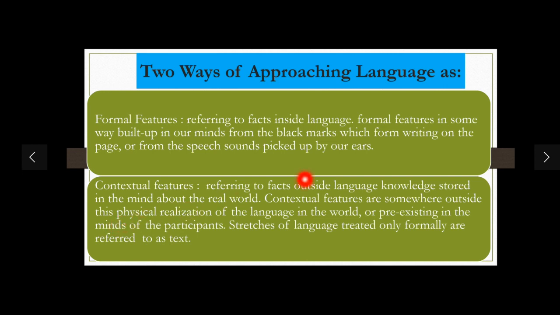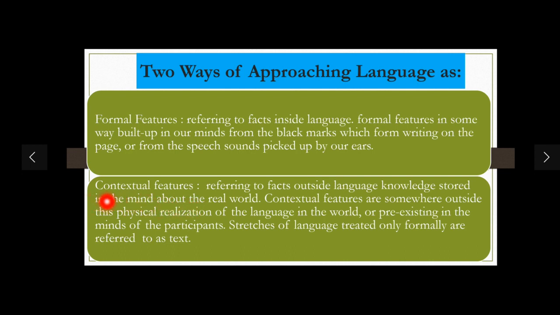So this slide is very informative and very important, and here we learn how cohesion is different from coherence. Cohesion is something which is concrete, while coherence is something which is abstract. In cohesion, we look for the features which are inside the language, and in coherence, we look for the features which are outside the language.